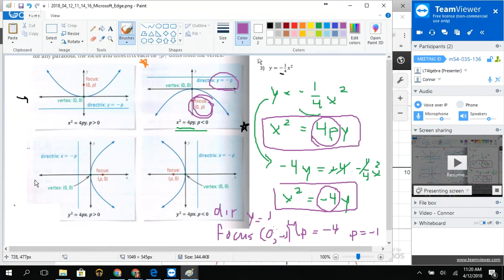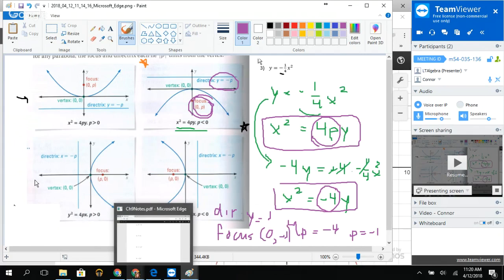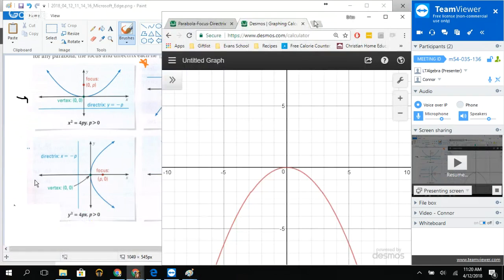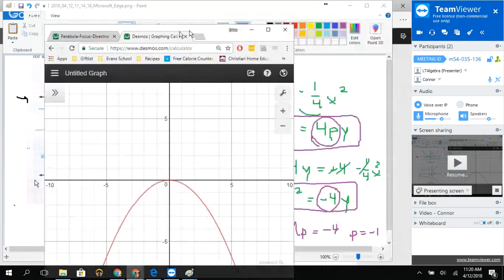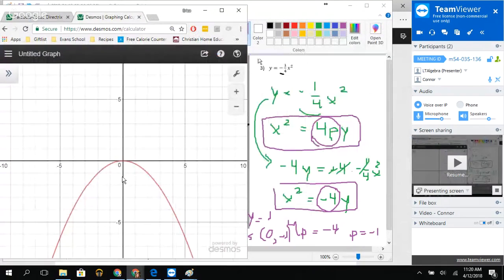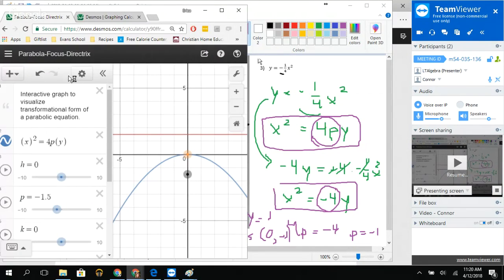Okay, so now if I go back to my original graph and scoot over here, my focus is going to be here at negative 1, and my directrix is going to be at positive 1. And if I go to my Desmos focus directrix thing, my focus point is at negative 1, right?